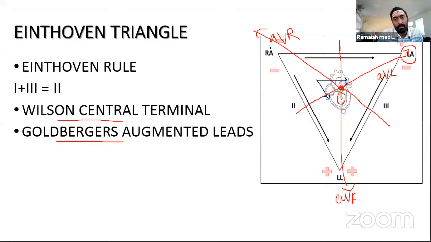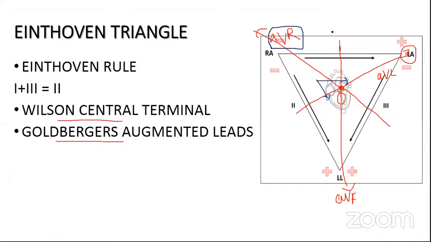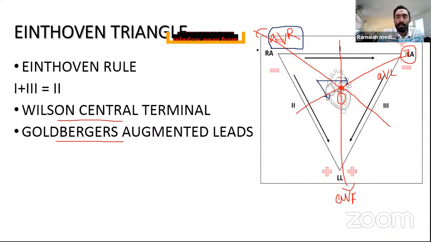So can anyone reply in the chat, what will be the direction of AVR? Would it be positive or would it be negative? Yes, correct. Negative. So it would be negative.